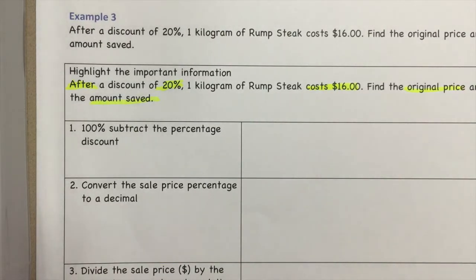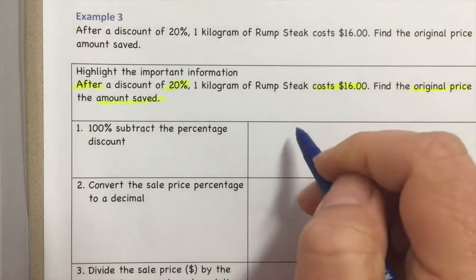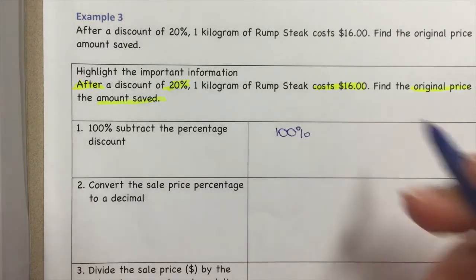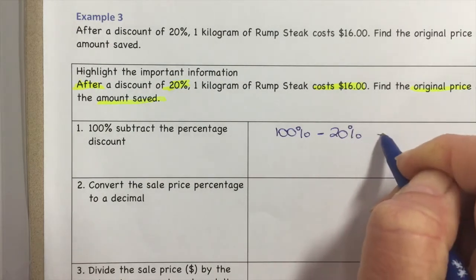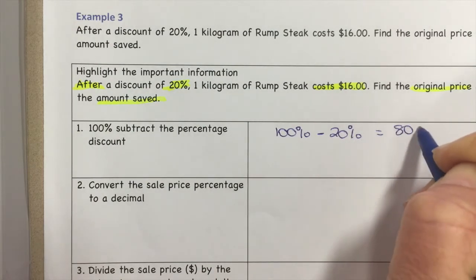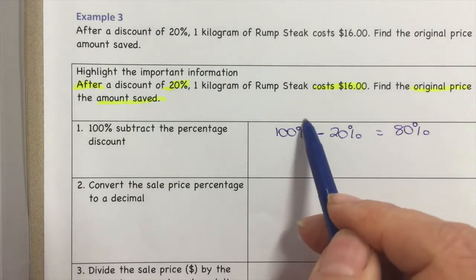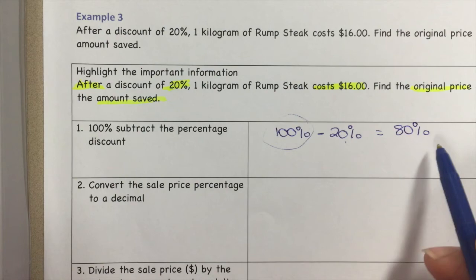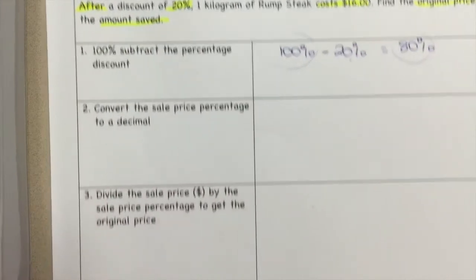So if I've saved 20%, what I have to do is I have to say, well, 100% is the full cost of the steak less the 20% that I saved. So I've only paid 80% of the actual cost. Okay, so remember, it should have cost me 100%. I saved 20%, so I only paid 80% of the actual cost.